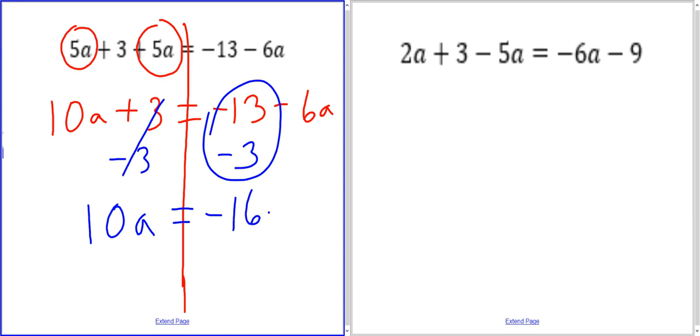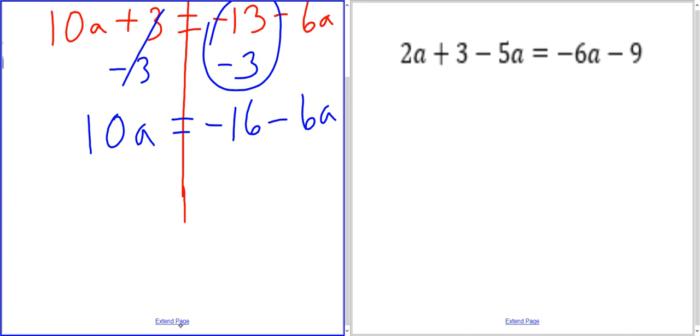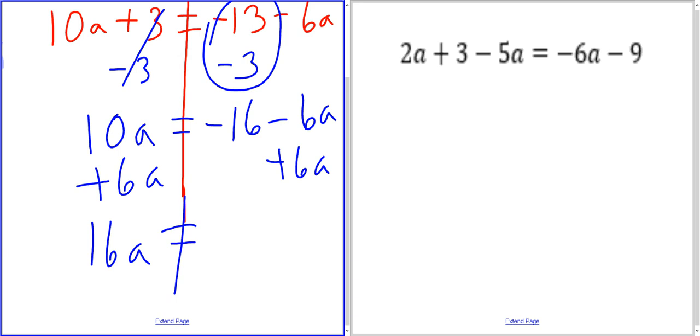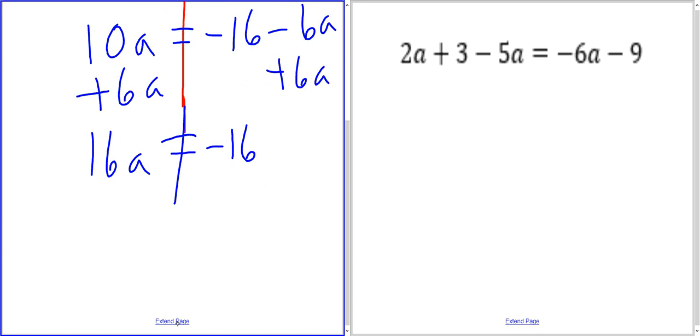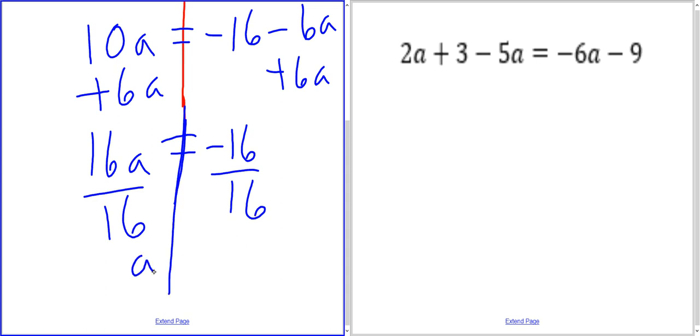And then minus 6a. And then I'm going to add 6a to move it over to be with my other a's. So 10 plus 6 is 16, so this is 16a equals negative 16. Divide both sides by 16, so you get a equals negative 1.